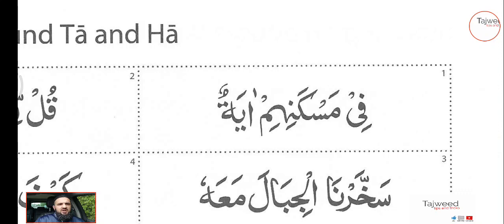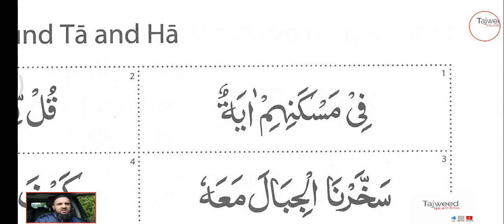Whenever you see this round ta, the first thing you do is remove the dots, so it changes to a ha. So you've changed it to a ha first. So instead of ayatun, you're talking about ayahun.